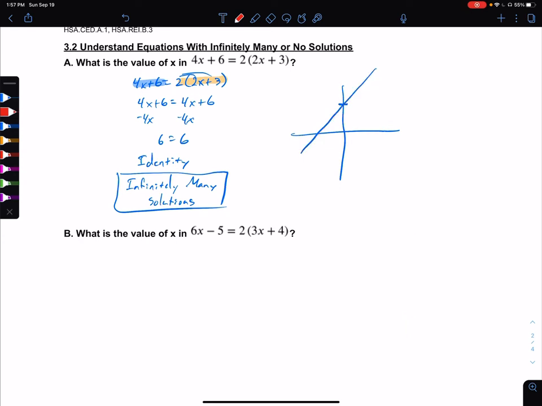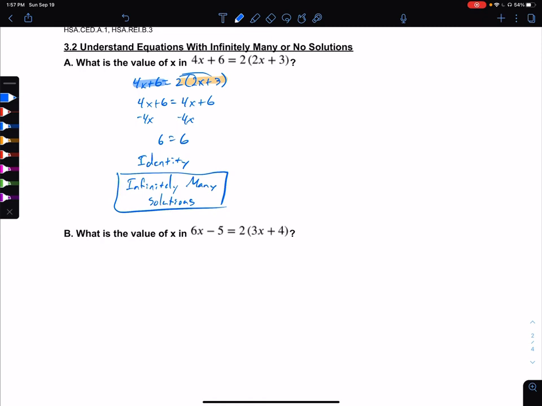They lie right on top of one another. So these two sides, the left and the right side, are exactly the same. There's infinitely many solutions because they are the same line. The left side of the equation and the right side of the equation represent the same line. So since it is an identity, we would say that there are infinitely many solutions.